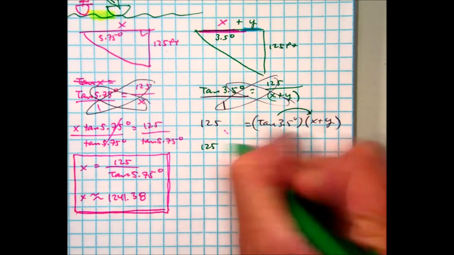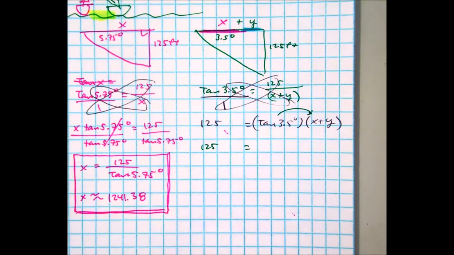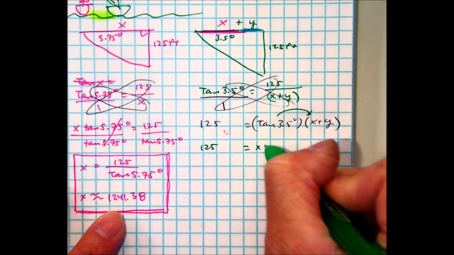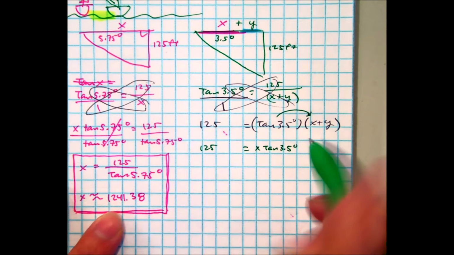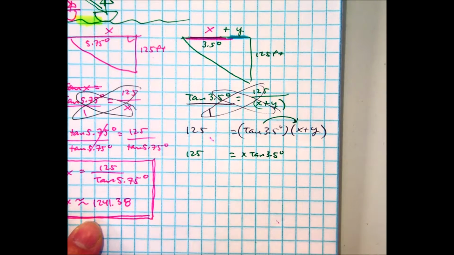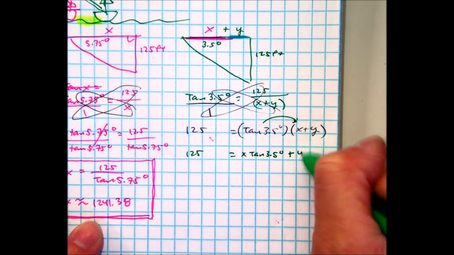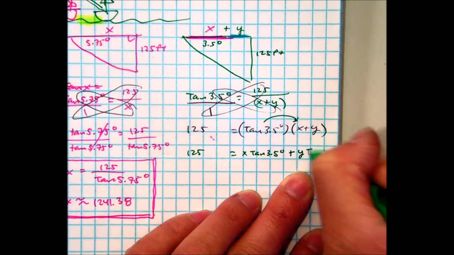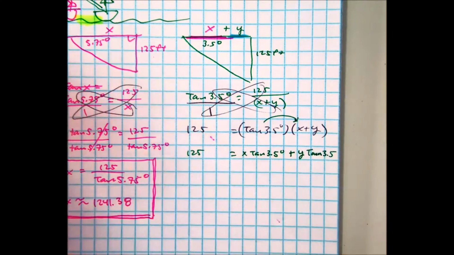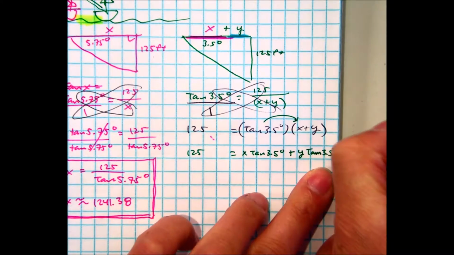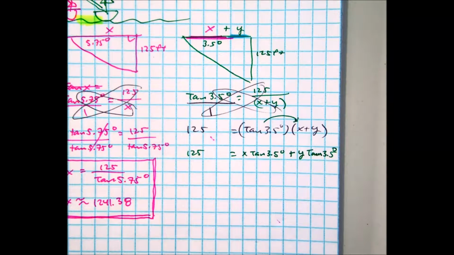Let me show you what I did yesterday. 125 equals x times tangent of 3.5 degrees. Should I put those in parentheses, class? But what math operation would I put here? Plus. That was a mistake I made yesterday. And then tangent of 3.5 degrees, thank you. Remember, I'm trying to solve for the variable y.